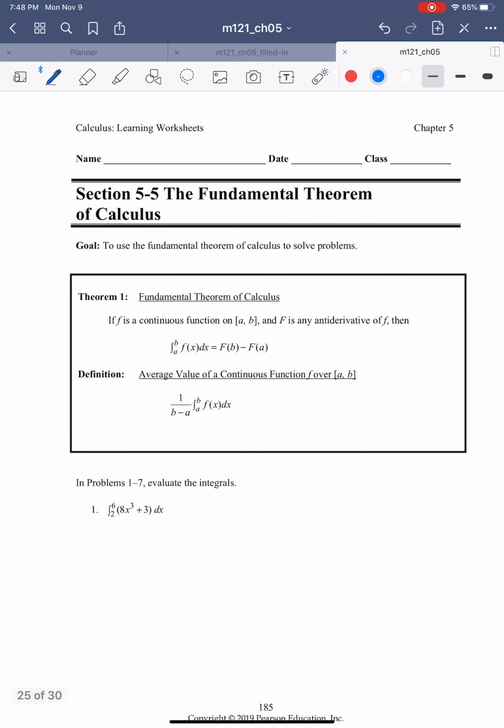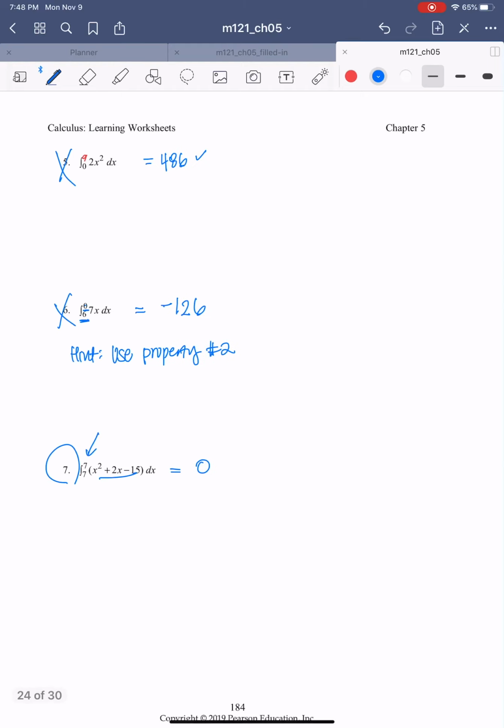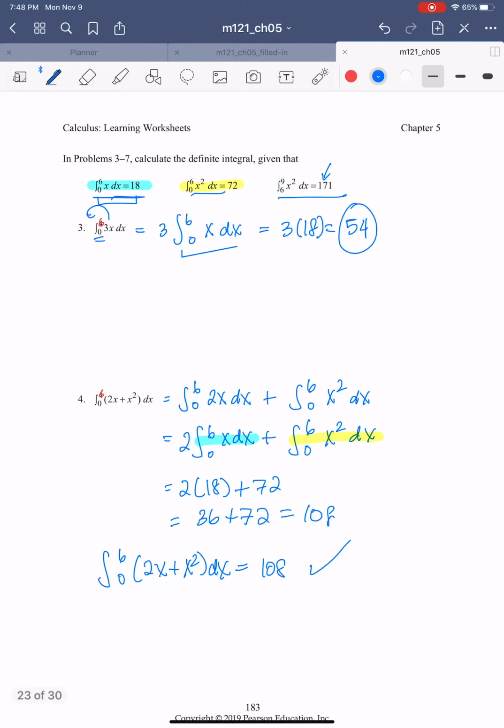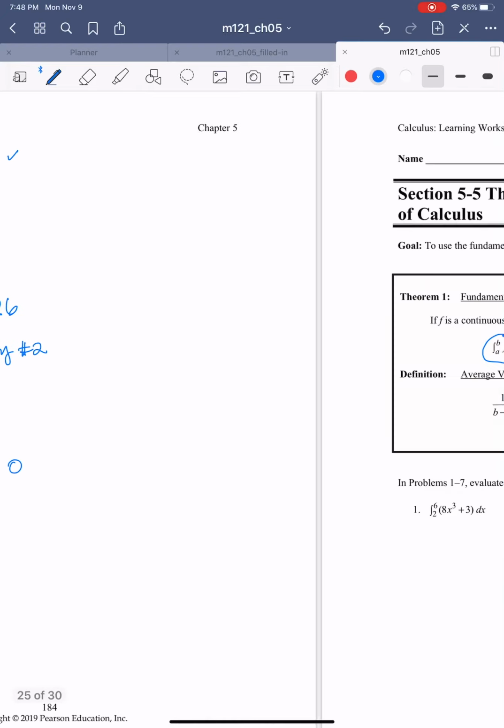Let's move on right away into 5.5. Now you're going to actually learn how to calculate this. So how do they get from 6 to 9x squared dx as 171?